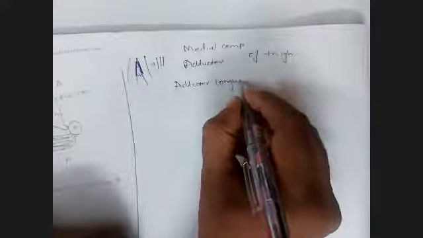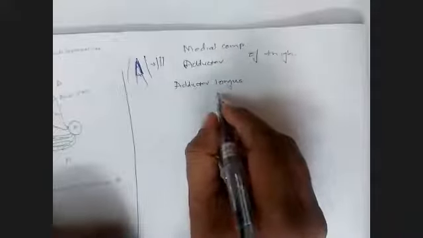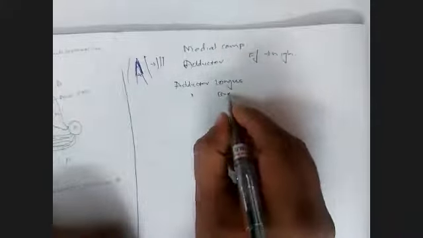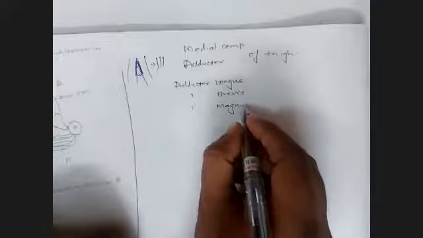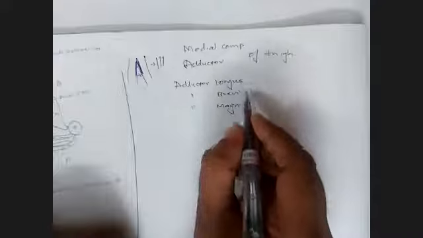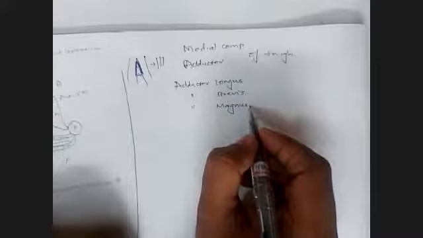Their names are very easy to remember because three of them are adductor longus, adductor brevis, brevis means short, and adductor magnus. Magnus means large. So longus is long, brevis is short, magnus is huge, bulky.